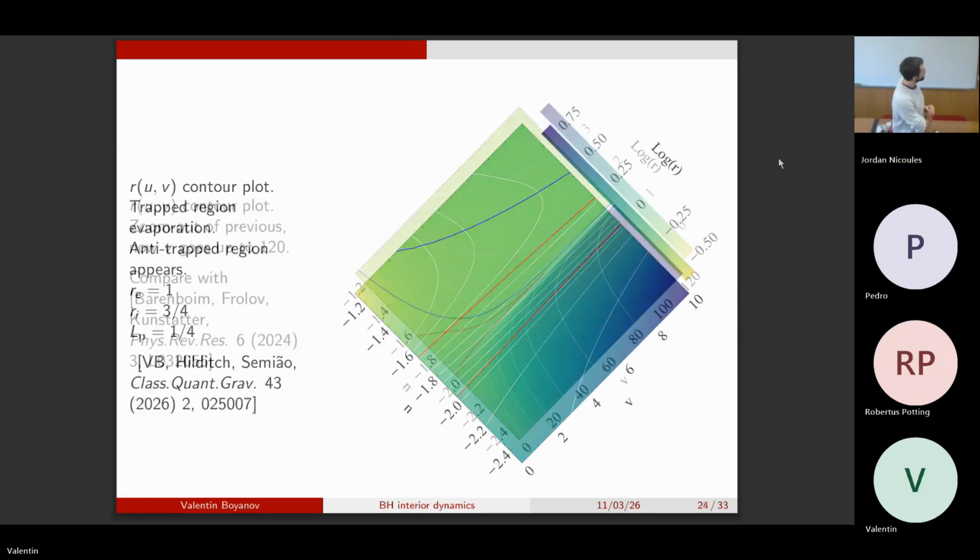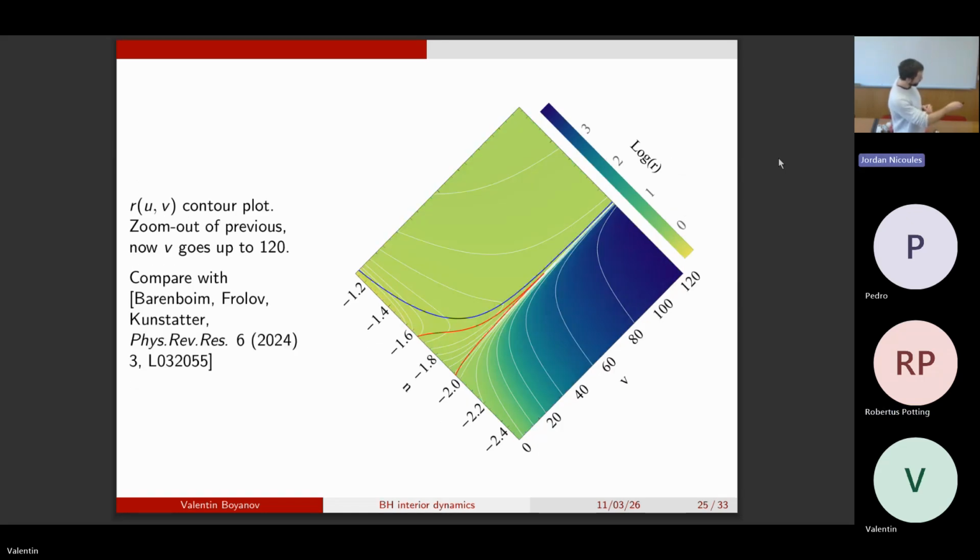And first of all, if we increase our evolution time, we see the full evaporation of the trap region. Here the outer horizon is the lower part of the red line, and the inner horizon is the upper part of the red line.